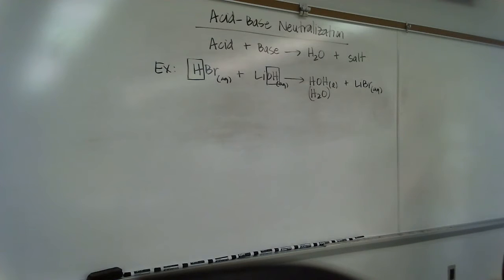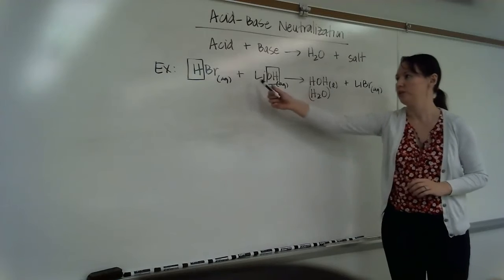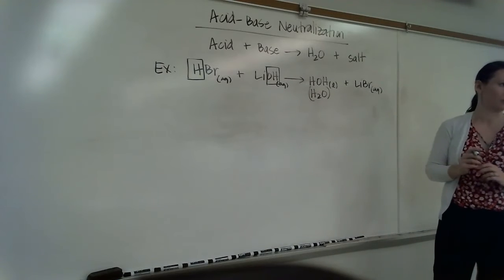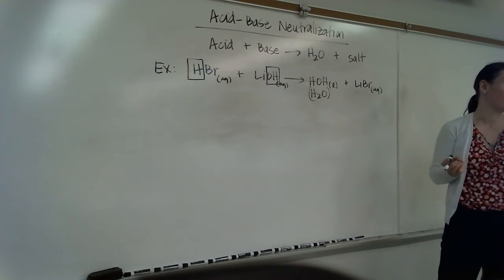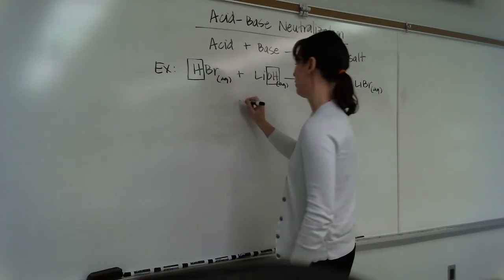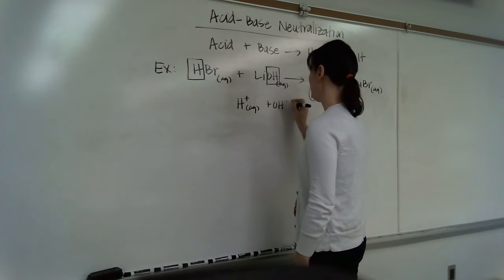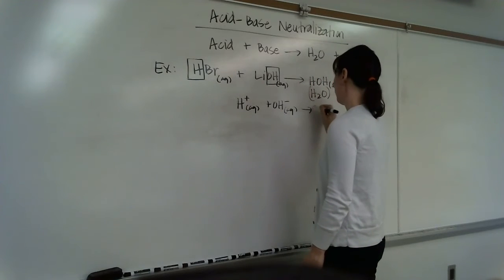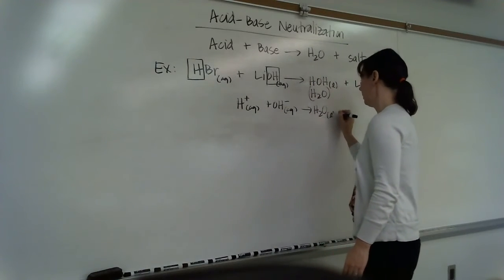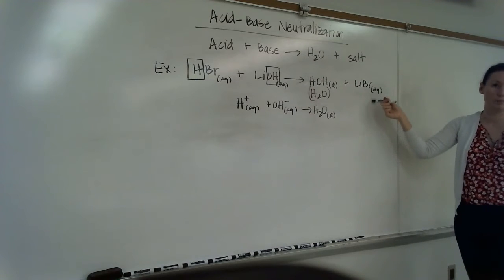The net ionic equation for this would be H plus plus OH minus makes H2O. These two would cancel out, they'd be your spectators. So if you did want to write a net ionic equation for any acid and a base, the net ionic equation would just be H plus plus OH minus producing H2O liquid. Right? Because the others would cancel out, they'd be your spectators.